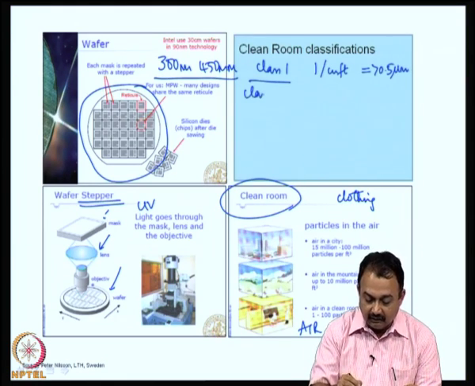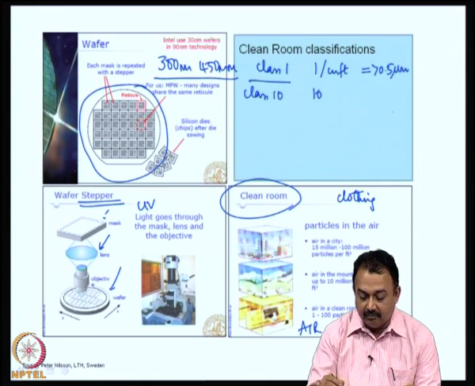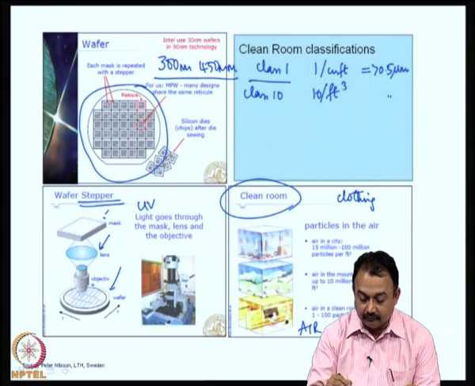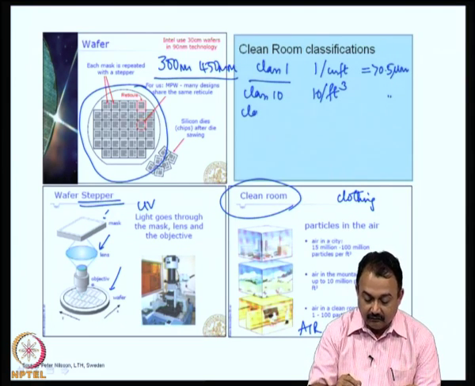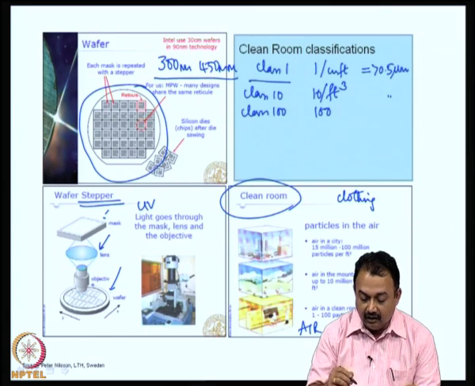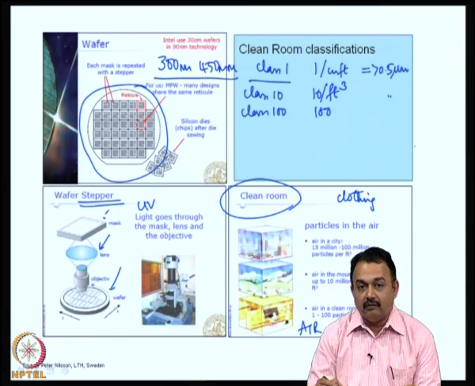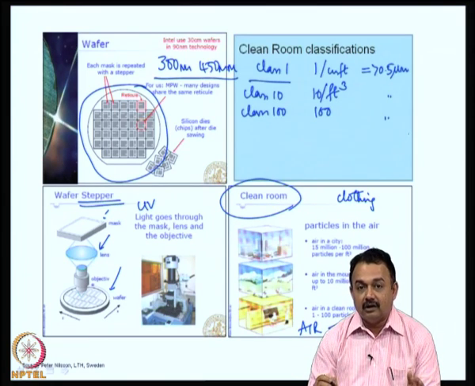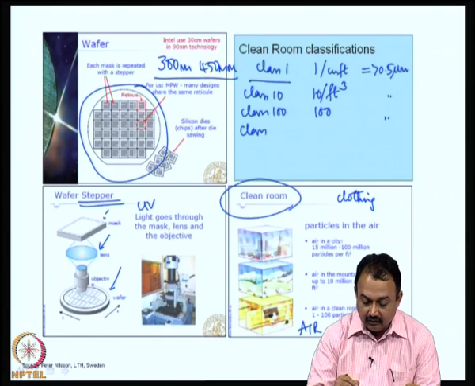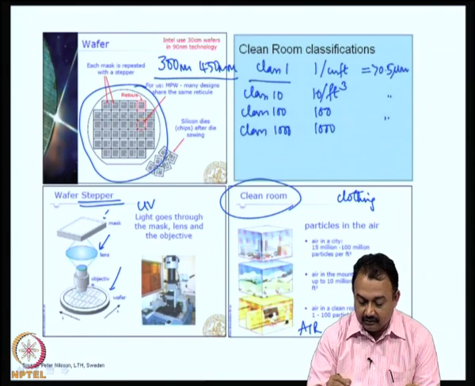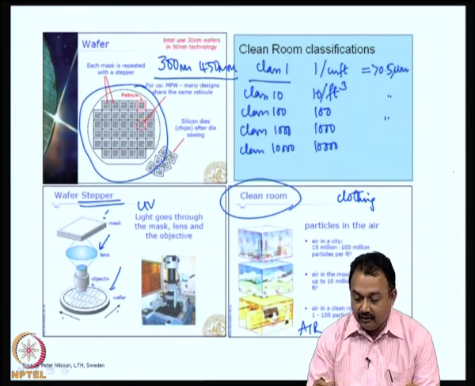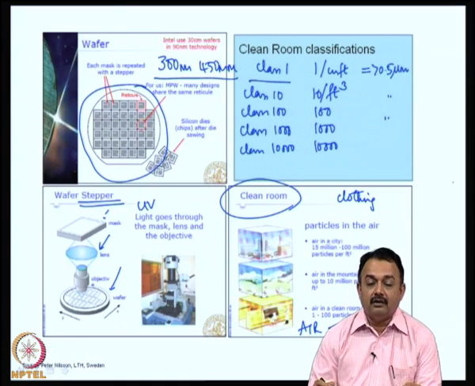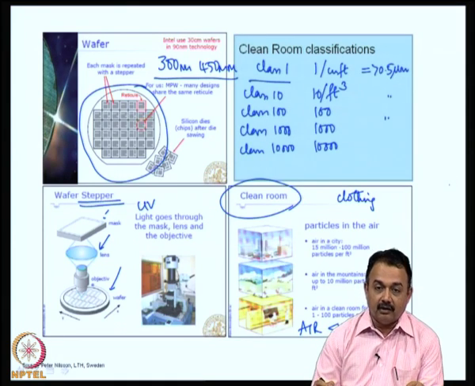Then comes class 10, that means you can allow 10 particles of the same dimensions per cubic feet. Then comes the next classification, class 100, where 100 particles per cubic feet of the size 0.5 micron equal to or greater than is allowed. Then comes class 1000, that means 1000 particles, then class 10,000, 10,000 particles. Beyond that, it is not a clean room for certain areas in the semiconductor manufacturing.